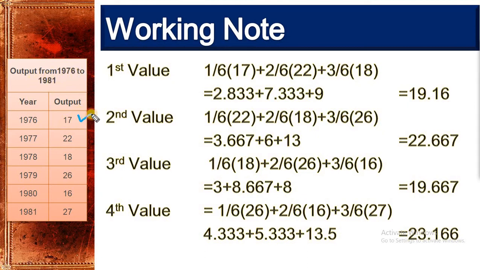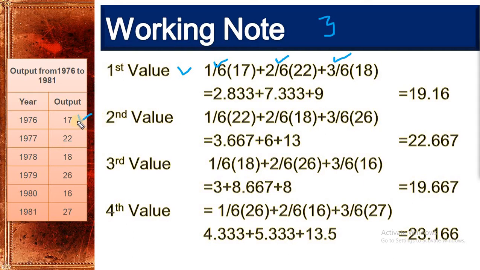Since we are dealing with the 3 years moving average method, one very simple way to obtain the values is this: we have decided on 3 weights, 1 by 6, 2 by 6 and 3 by 6. We simply multiply the first, second and third values by their respective weights, and in this way we get the new time series value.